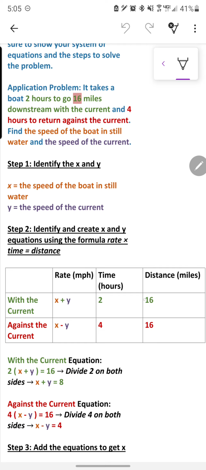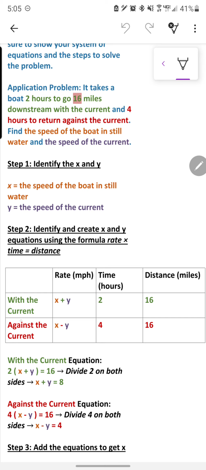So we see here 16 miles for the distance, and it's going to be also 16 miles for against the current.